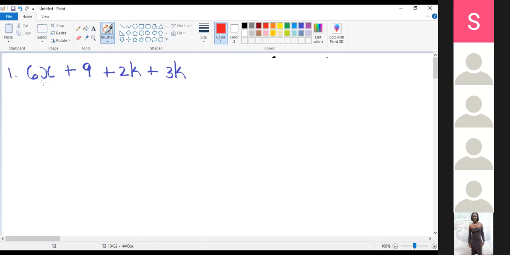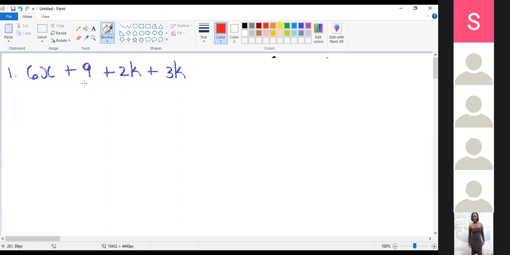And here we're seeing you have x, you have 9, and you have k's, right? So you have different variables that you have to work with. Whenever you get an expression to factorize or an equation and it has 4 terms in it, you have to group the terms and you factorize each group separately.